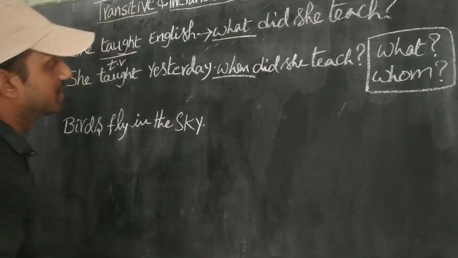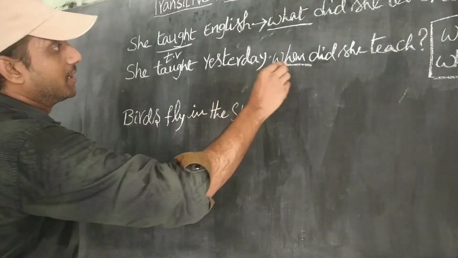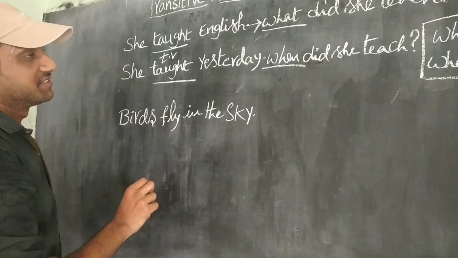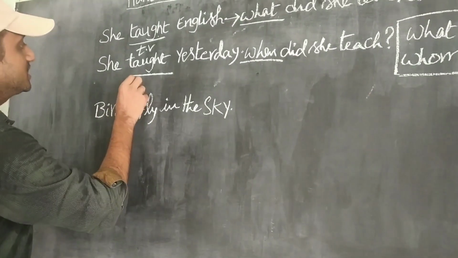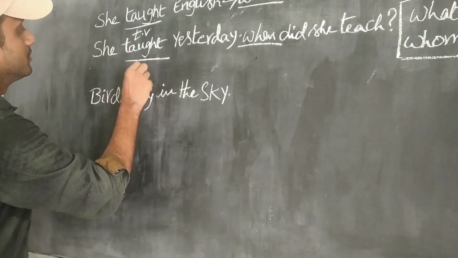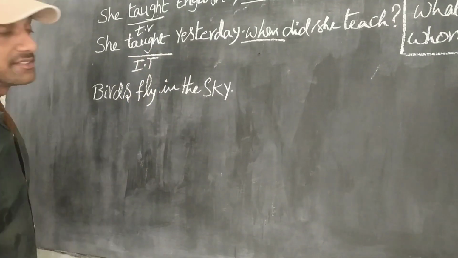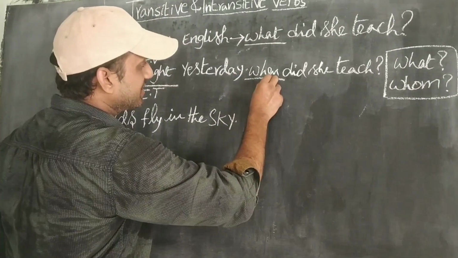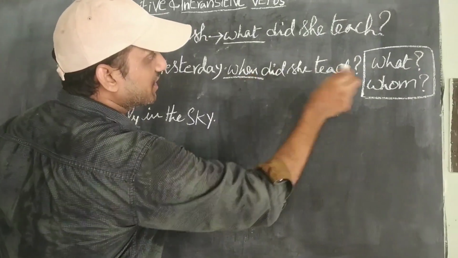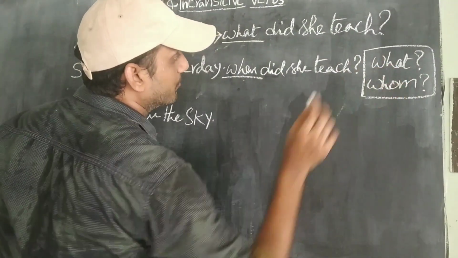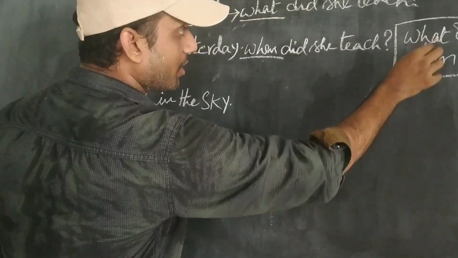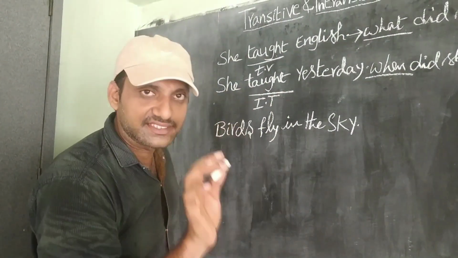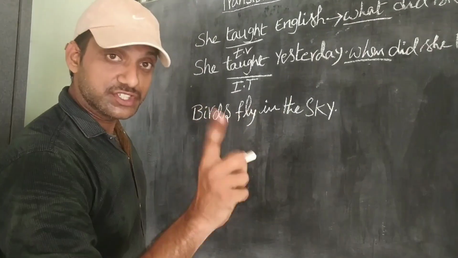No. When comes under when it happened. But the verb is not at all transitive. It comes under intransitive, because when in the sense is quite different from what and whom. If you get what or whom only, you have to consider the verb as transitive. This is the most important rule.